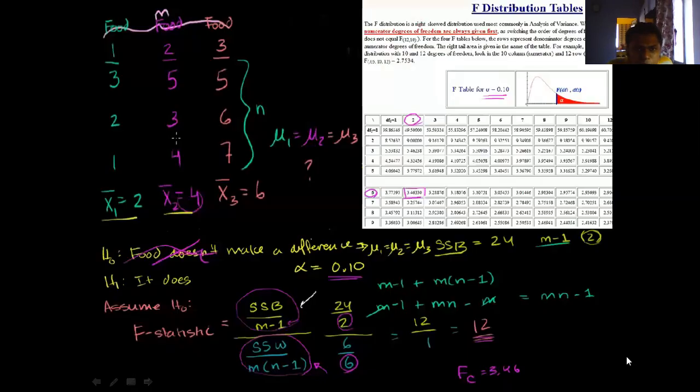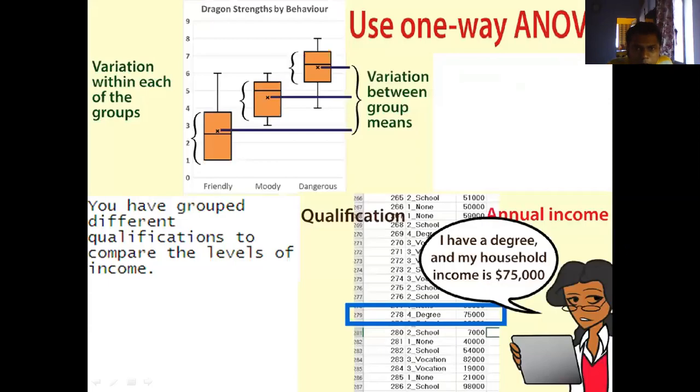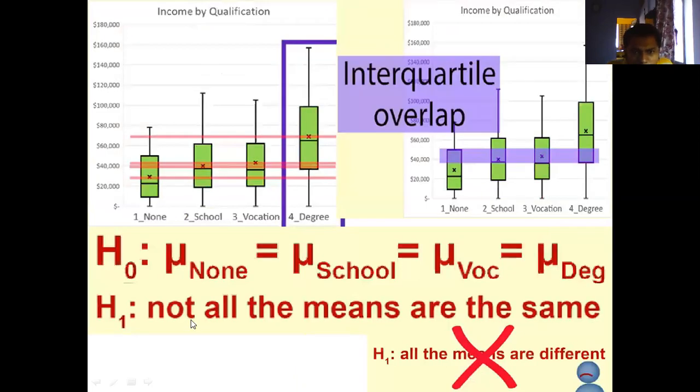Earlier also we have seen that some of the populations are not equal. So here you can see that all the populations are not the same. It does not mean that all the means are different.